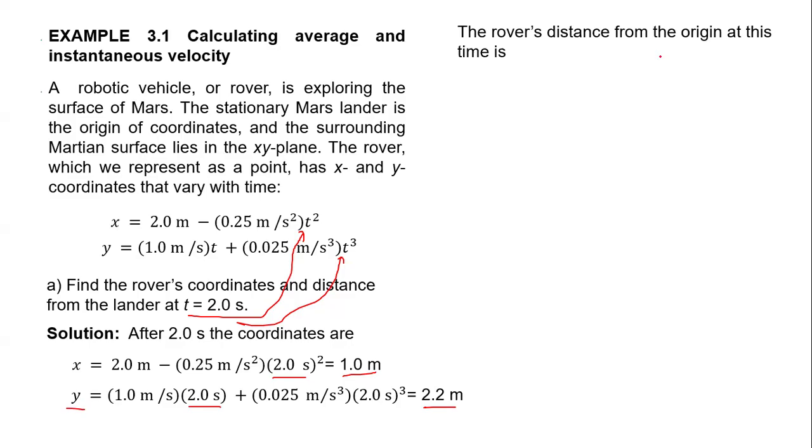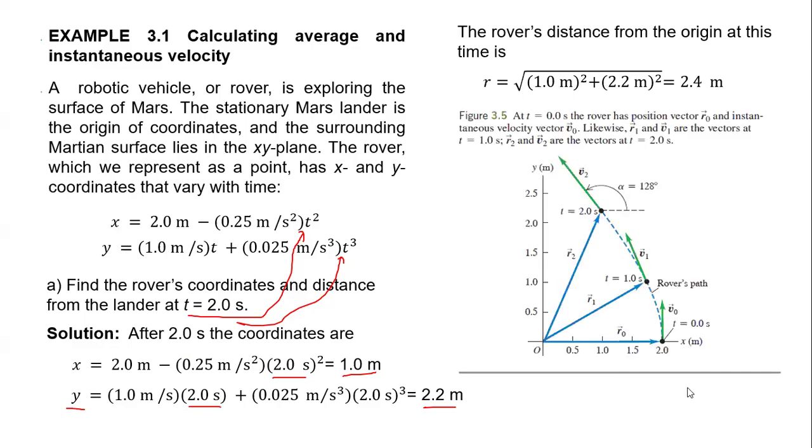And the rover's distance from the origin at this time, after 2 seconds, is just the square root of the x coordinate squared plus the y coordinate squared, which is equal to 2.4 meters. So that's the distance of your vehicle from the origin, or the Mars lander.